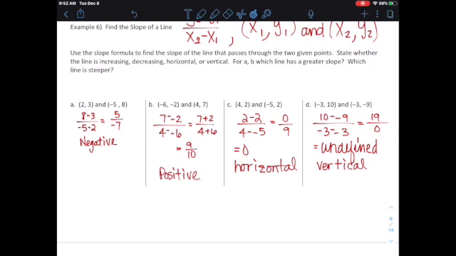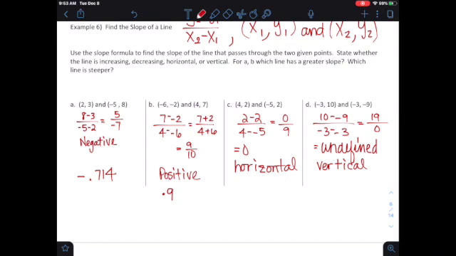Now, the question is, for A and B, which one has the greater slope? Well, for B, if you punch it in the calculator, this gives you 9.9. For A, that's actually a negative, about 0.714. Now remember, who has the greater slope? The greater slope is determined by absolute value.